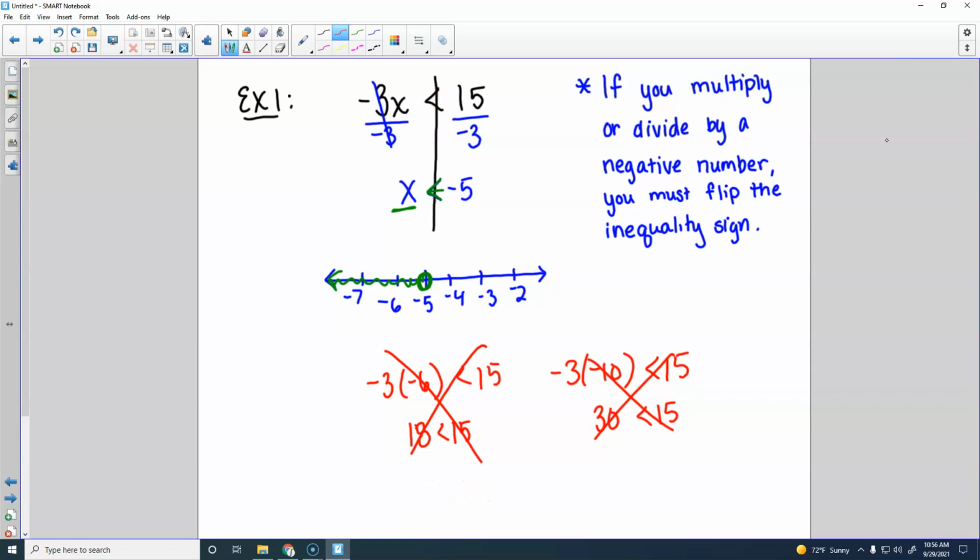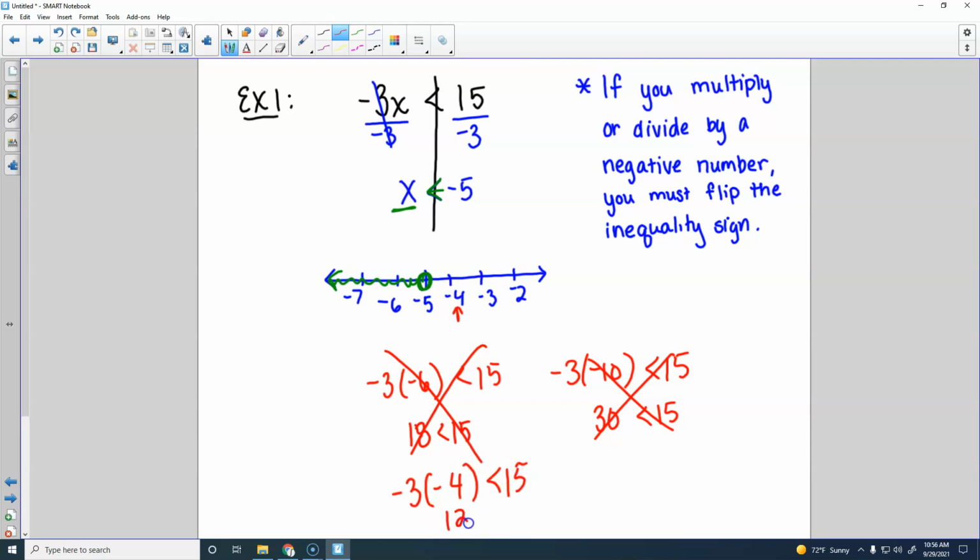Okay, so let's talk just a little bit more about why this is wrong. Like if I picked another number that was down here, like negative 10, right? That's a number that would be shaded here, even though it goes off the number line. Negative 3 times negative 10 is positive 30. Is positive 30 less than 15? It is not. What the answers actually are to this are the numbers over here. Like if I did negative 3 times negative 4, right? This number right here.